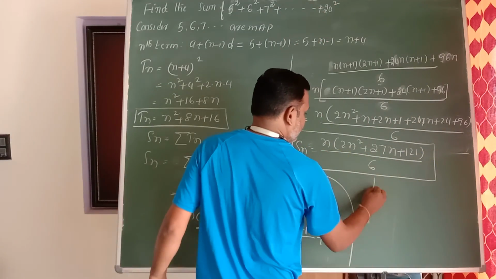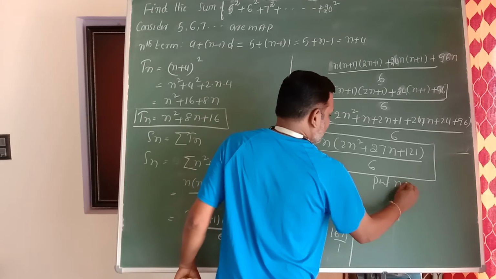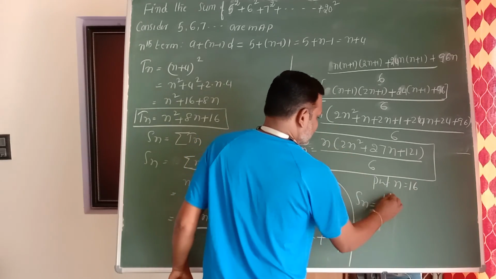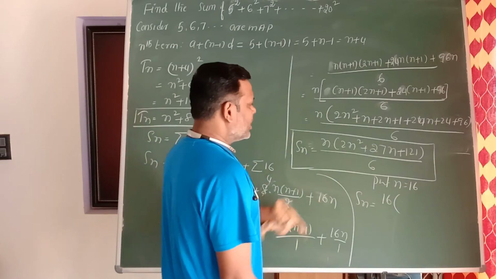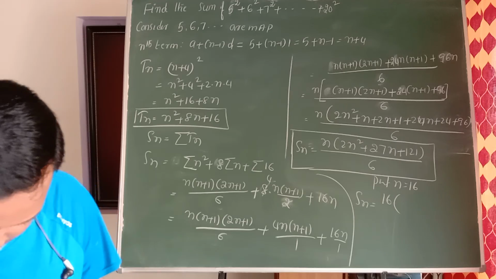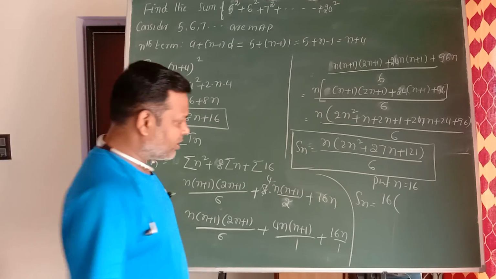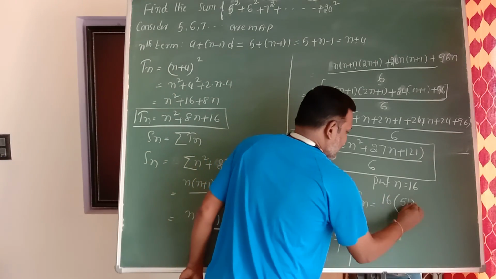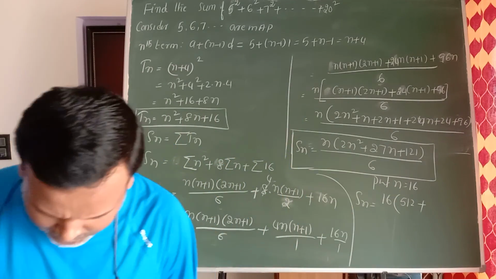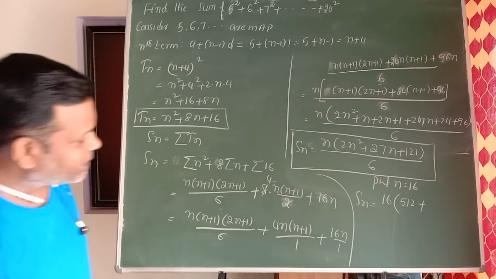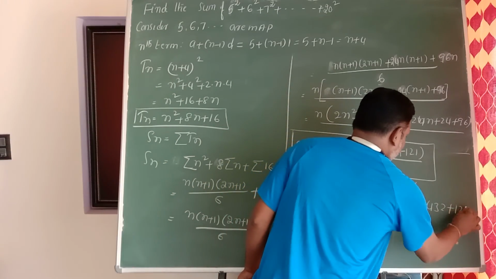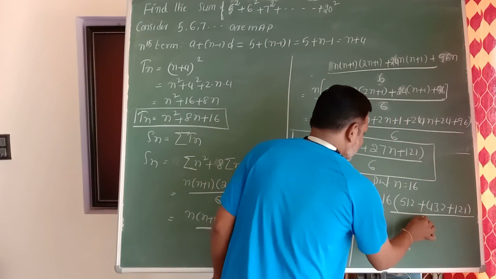Put n equal to 16. Therefore Sn is equal to 16 into (2 into 16 square, 16 square is 256 into 2, that is 512, plus 27 into 16, which is 432, plus 121), whole divided by 6.